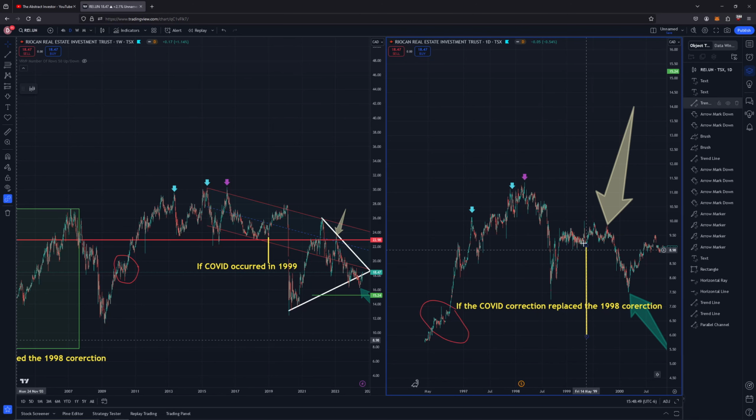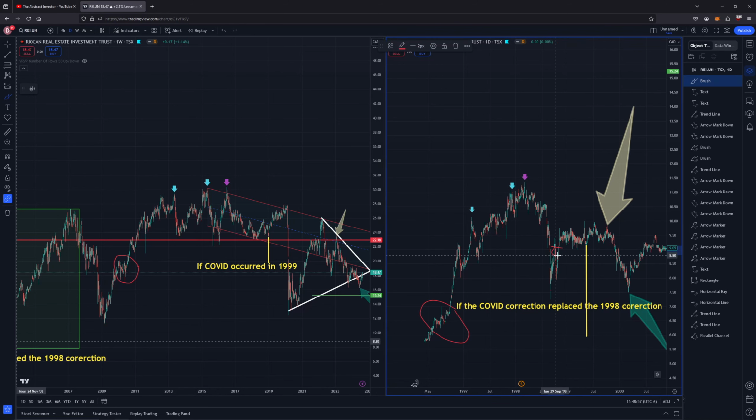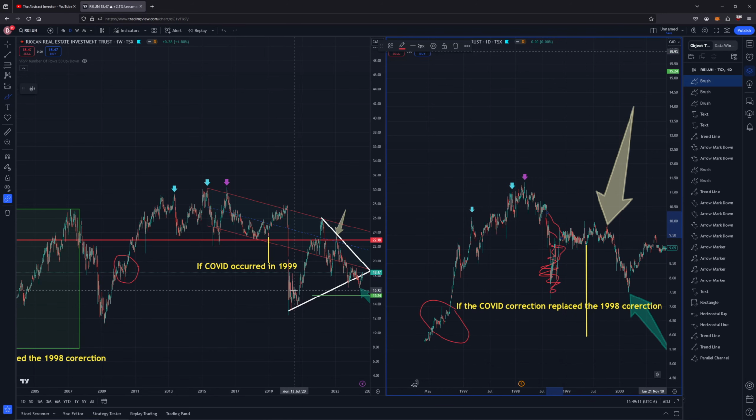So on the right, if the COVID correction replaced the 1998 correction, so if I just wiped this correction off and we just pretended like the chart came over here, then that correction from COVID would have gone a lot deeper, where you can see on the left side here with the newer chart with the COVID correction.